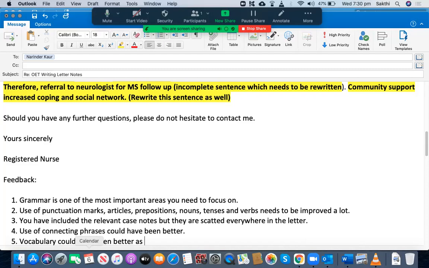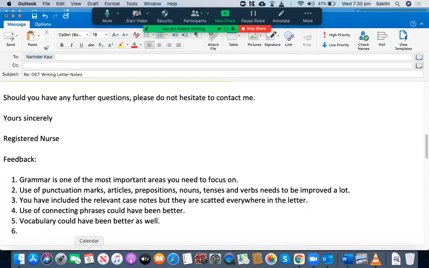Another issue with this letter is that you have used mainly simple sentences. I can rarely see complex and compound sentences.